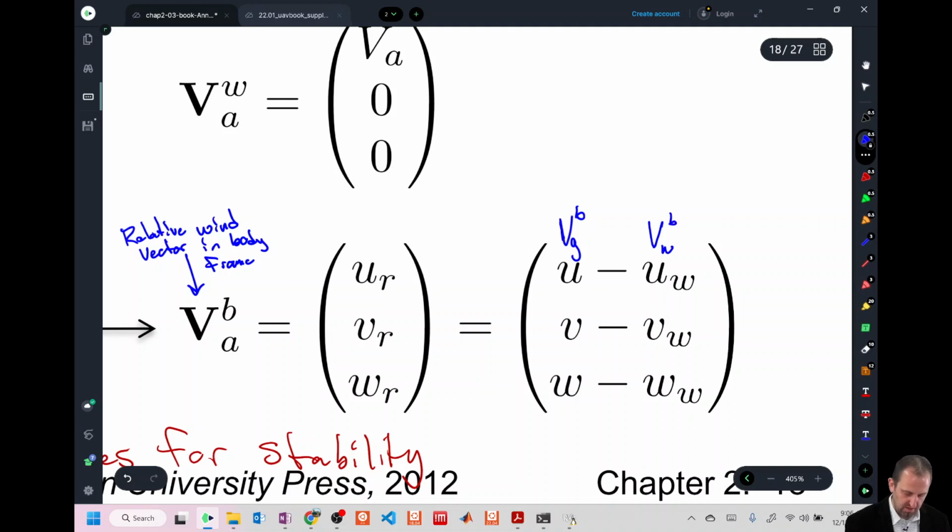And these should both be bolded. And we call the difference u_r, v_r, and w_r. So this is our relative wind speed in the body frame.